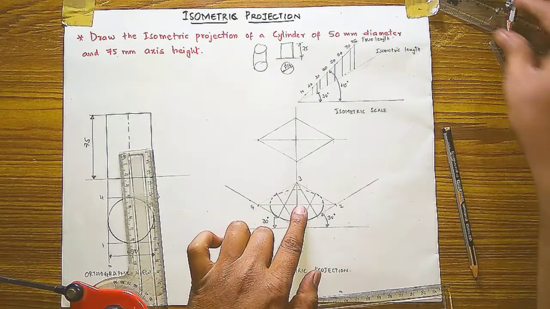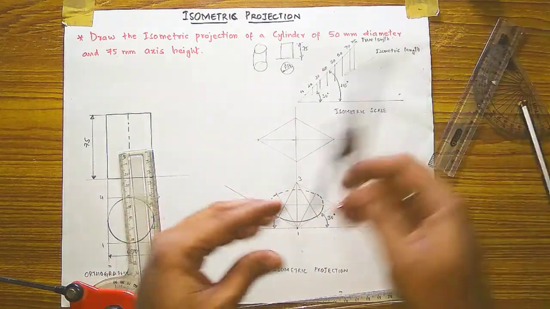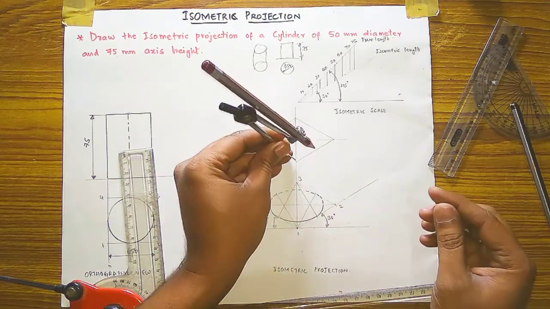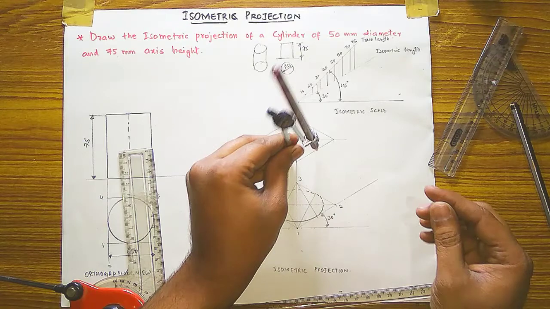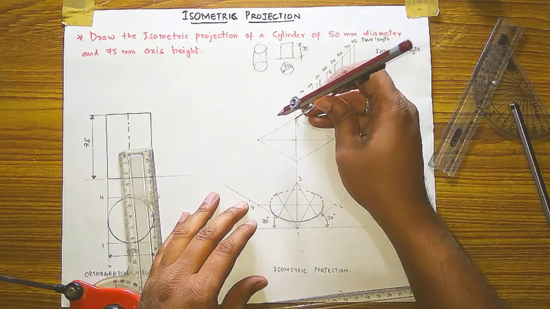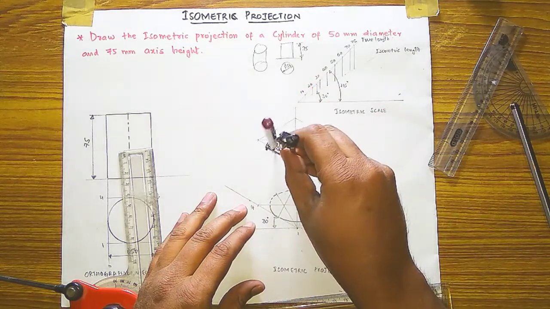And the same process we have done for this bottom of the cylinder, the same process we have to do, meaning half of this distance you have to measure and do it as half of the distance on that rhombus. Like this.